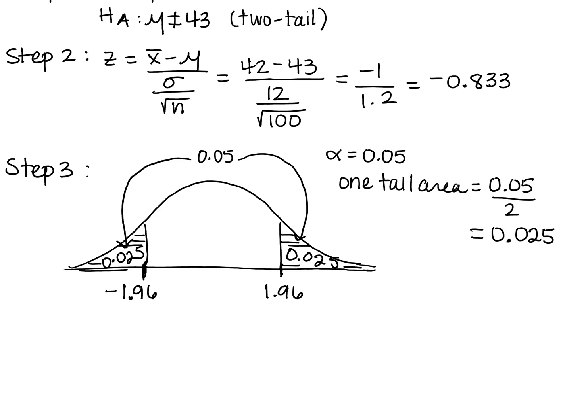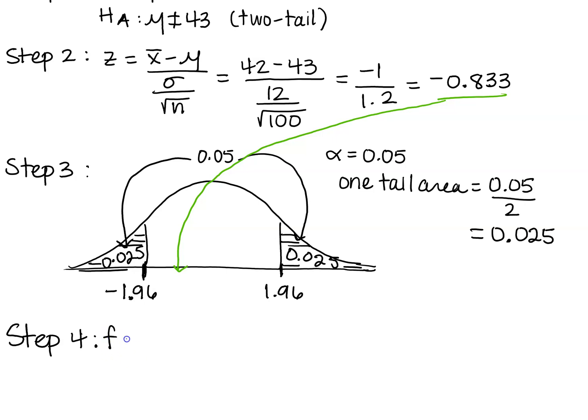So now that we have our rejection region set up and we know our critical values, we're ready to move on to step 4. I will take the test statistic of -0.833 and drop that into my picture. -0.833 is bigger than -1.96, but smaller than positive 1.96, and so this does not fall into the rejection region.